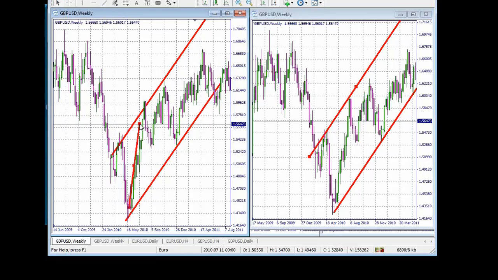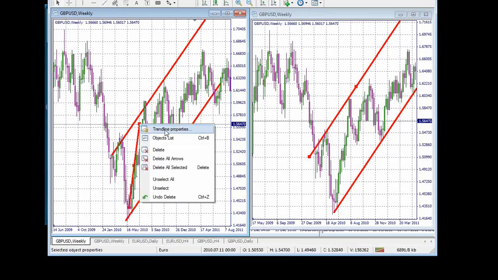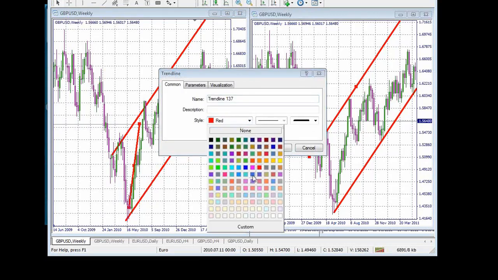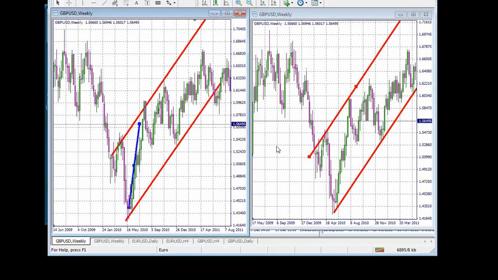I will use another color for the trend line, because I don't want any confusion between channel lines, trend lines and the waves. So this will be the first wave.